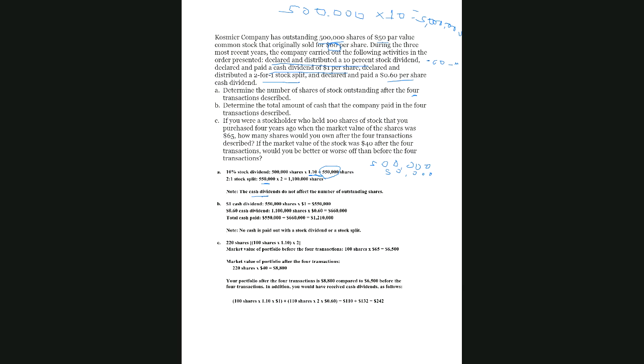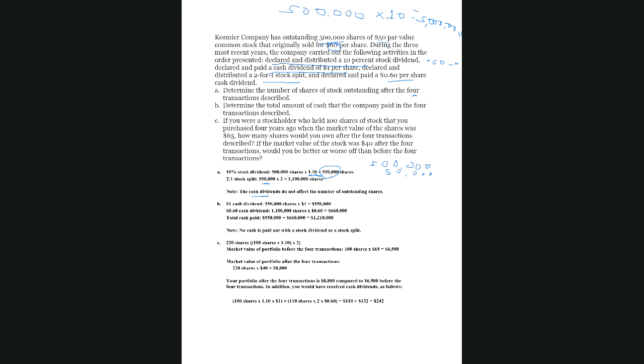So now this is the tricky part, because we have to track the information. Originally, the first thing that happened was they declared a stock dividend. So here we had a stock dividend, remember the 500,000 shares times 1.10.